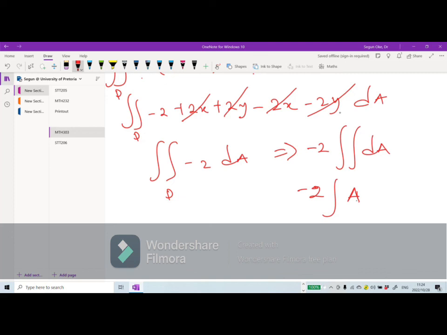When I integrate again, what do I have? So at the end of the day, I will have, because we are talking about area now, -2 in bracket 1/2, which is equal to -1. Any question?